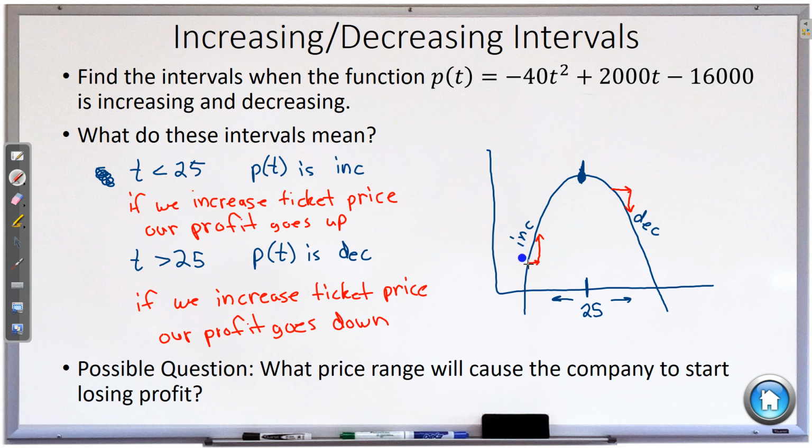So it's always talking about this x change first. If we increase the price, our profit is going up, up, up, up, up, until you get to here. Now if I increase the price, my profit is starting to go down, starting to decrease. All right.